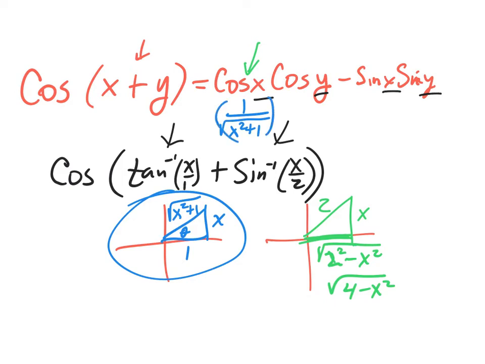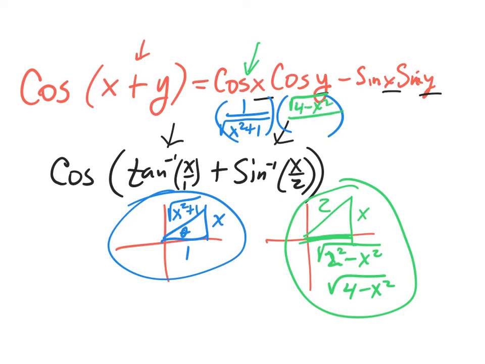And next one I have to do is cosine of y. So now I'm going to go to the other angle, over here, the green one. And in here, cosine is adjacent over hypotenuse. And so it's square root of 4 minus x squared over hypotenuse 2. Now again, sine of the first angle, back over to here.